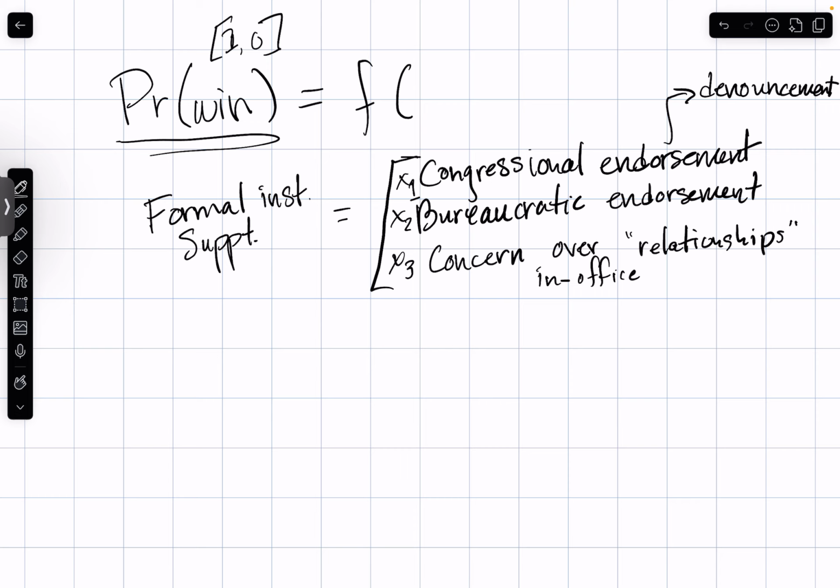Because for many candidates, they are interested in running again after they are elected for the first time. And if they've reached their term limit, if they're like a president, right, they're worried about either their legacy or their opportunities after they're the president to maintain some influence in society. That's something that people want, of course. All of these considerations contribute to this variable, their concern over relationships while they're in office, right?